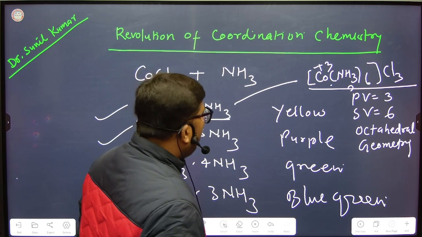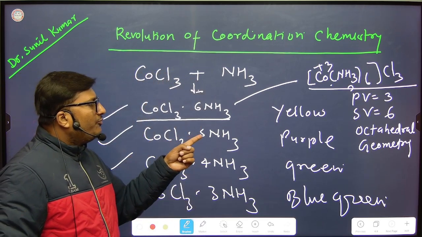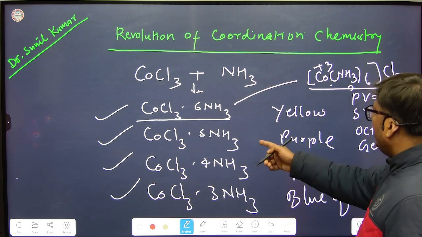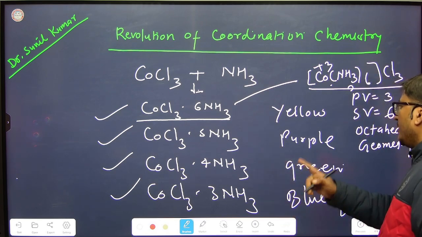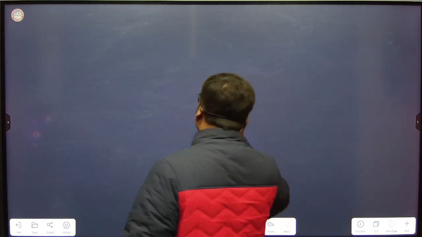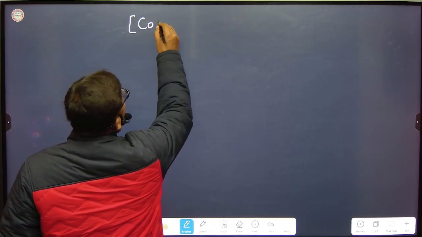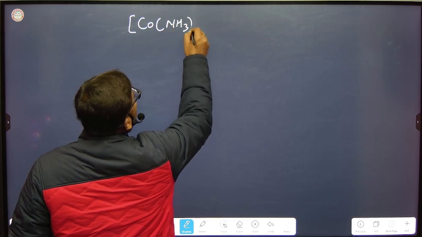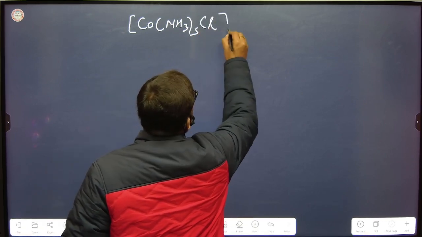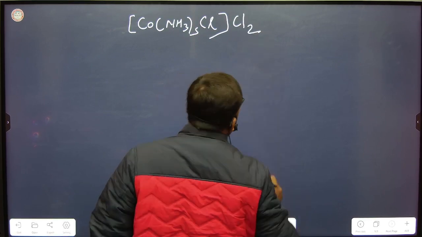Okay, and the next compound is cobalt chloride CoCl3 into 5NH3. It means there are 5 ammonia molecules and 1 chloride ion in the coordination sphere. It means that is [Co(NH3)5Cl], and 1 chloride ion is inside and another 2 chloride ions outside, right?